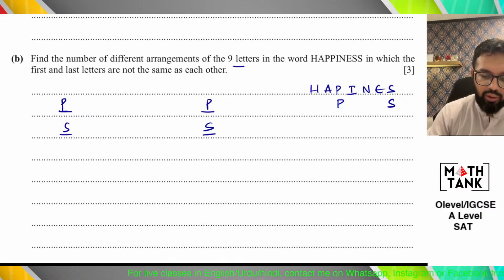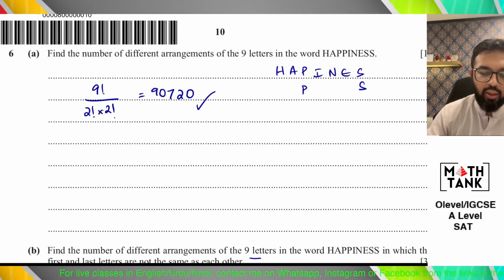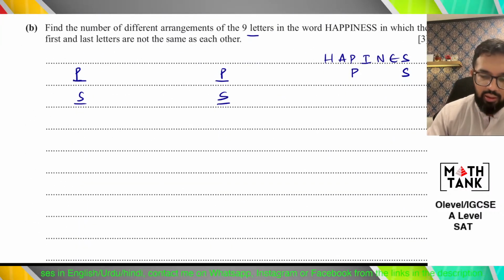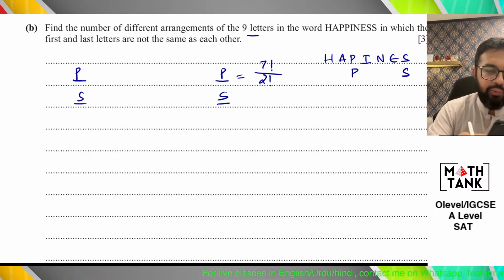I have the total number of arrangements there. So if you have P and P at the end, this is going to become, sorry, 7 factorial, and then divided by 2 factorial since the 2 S's are identical.